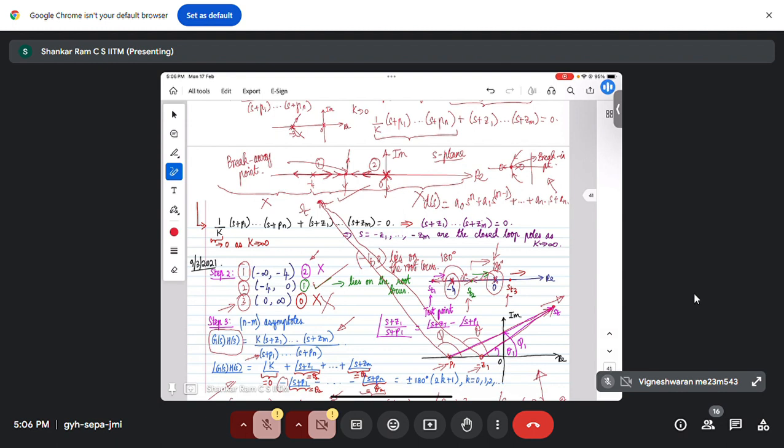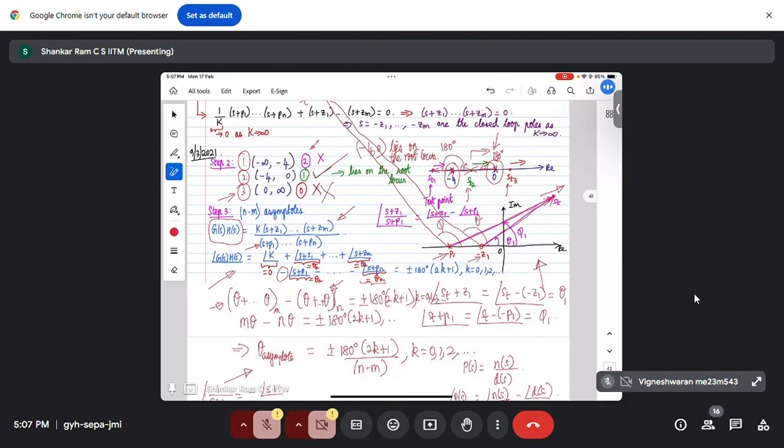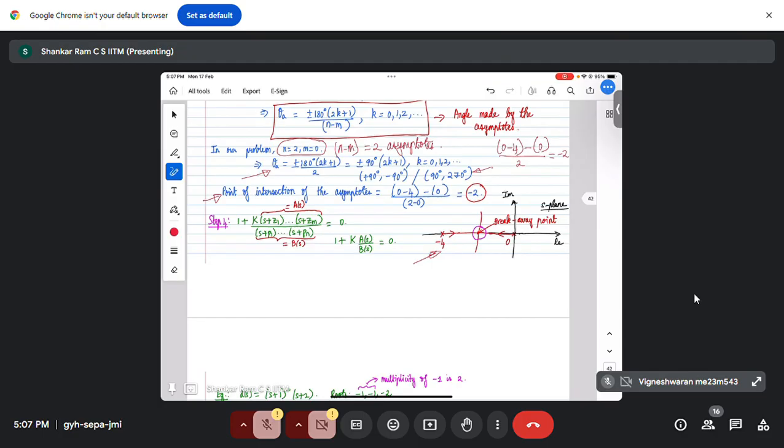Because each branch, we know, is a trace of one closed loop pole. So when two branches of the root locus intersect, that means at that point there is a repeated closed loop pole. Okay, so we are going to use that characteristic to derive this step. Please remember that. Let's go and look at this. So in step 4, we start here.